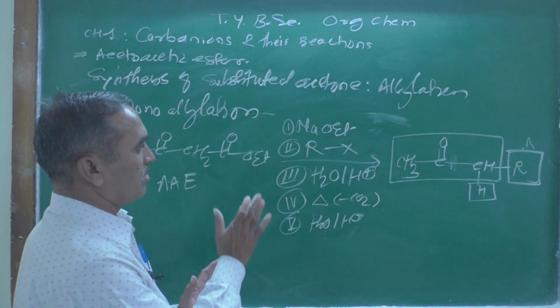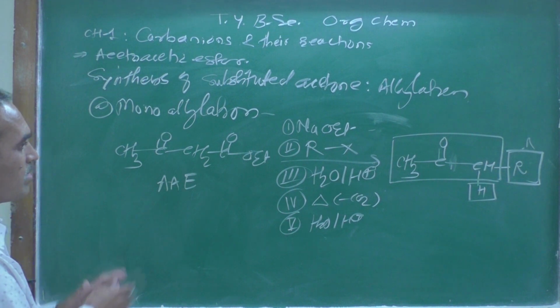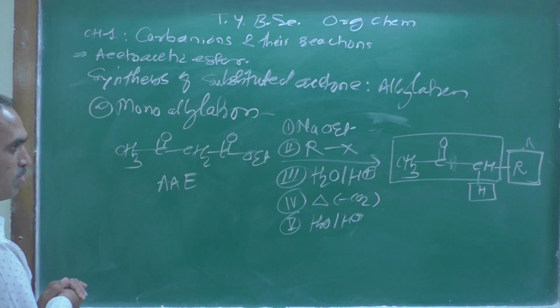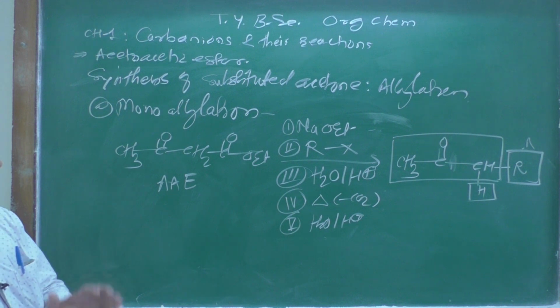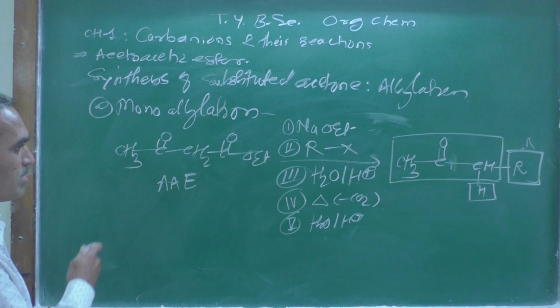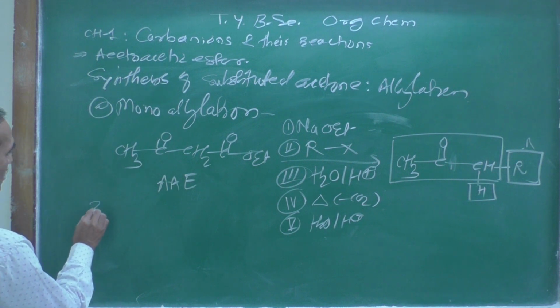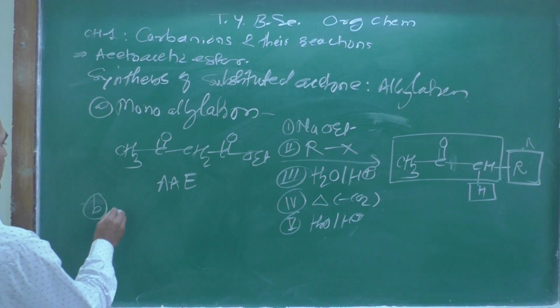So this is what we can call the analysis of this target molecule, and as we know, what does target molecule mean? The molecule whose synthesis is being planned is called the target molecule. Now let us look at the second step, that is called dialkylation.